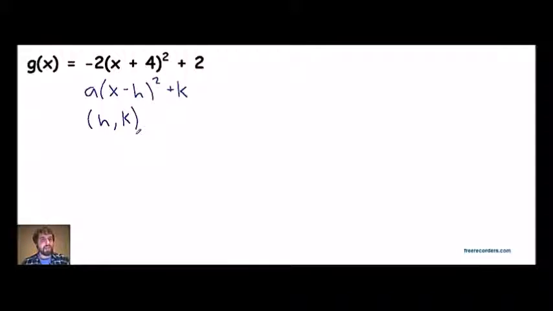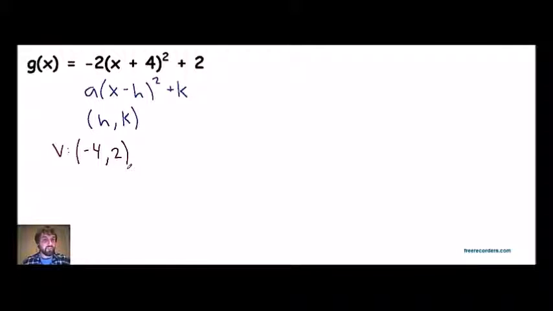So our instant knowledge here is that my vertex for this one is going to be at negative 4. We're shifted left 4 units, and we're shifted up 2 units. Beautiful. So I know right away that there's my vertex.